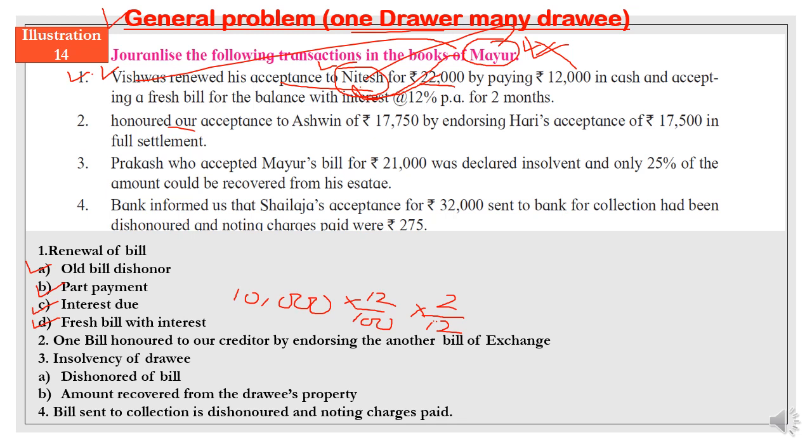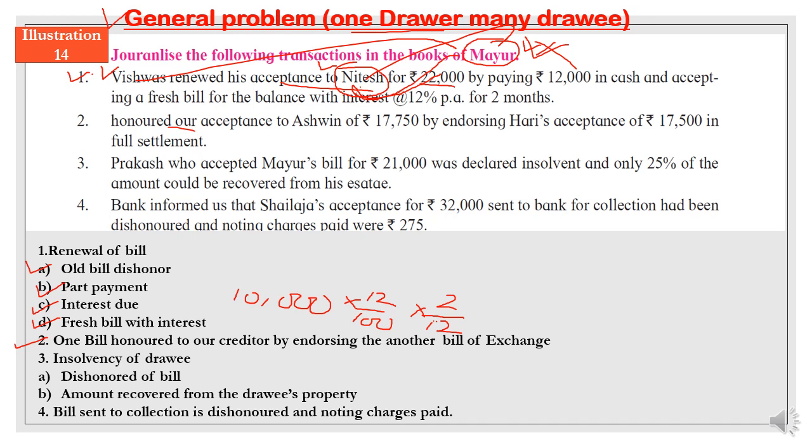Next is the second transaction. In the second transaction, the bill is honored to our creditor, meaning Mayur's creditor, by endorsing another bill of exchange. Mayur is honoring his payment to his creditor by giving the bill of his drawee. We will see the journal entry of this.